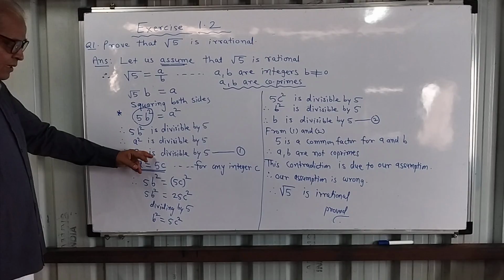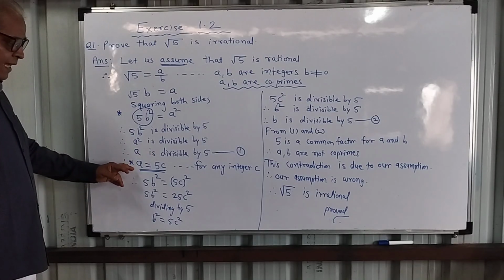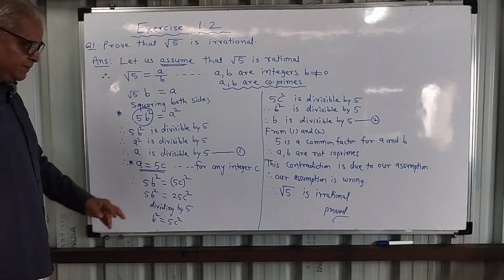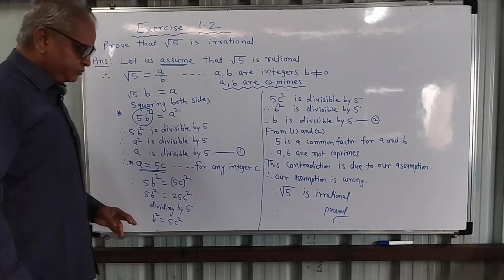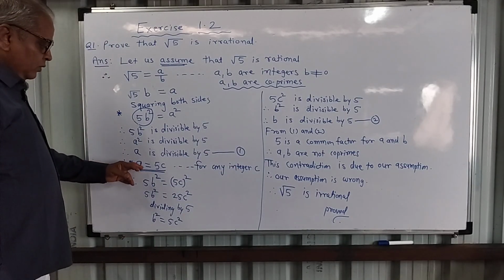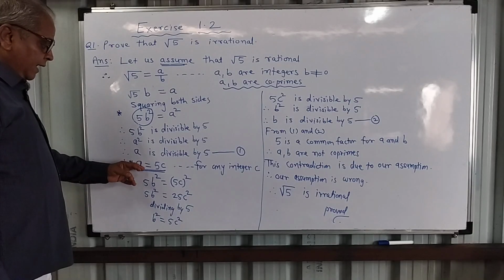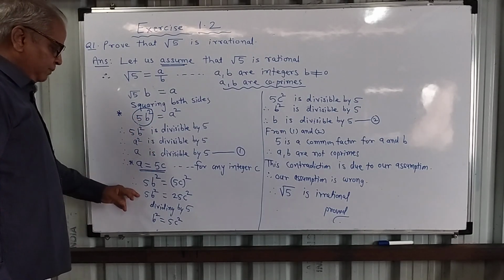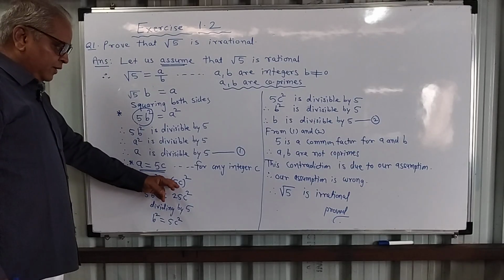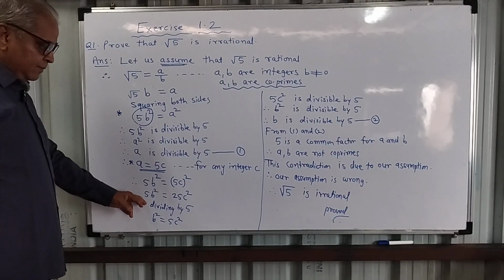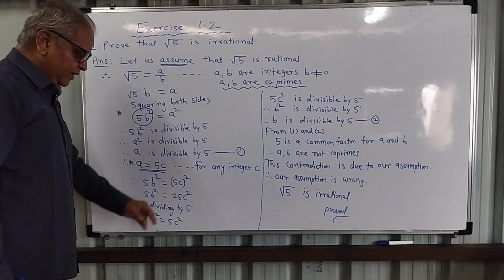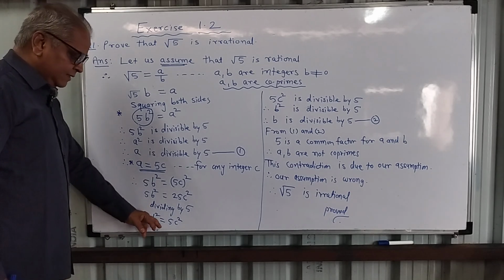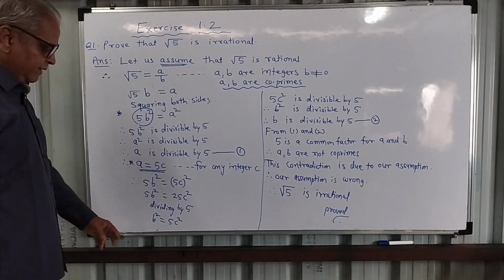As A is divisible by 5, we can write A is equal to 5 into any integer, that is 5C, for any integer C. Now, substitute A by 5C here. We can write 5B square is equal to (5C) square. That means 5B square is equal to 25C square. Dividing by 5 we will get B square is equal to 5C square.